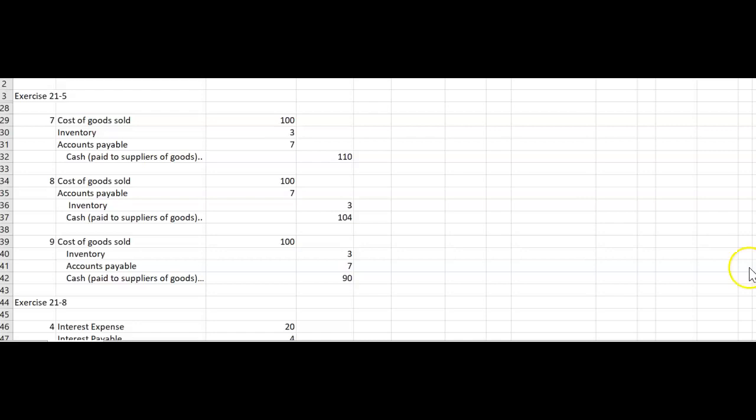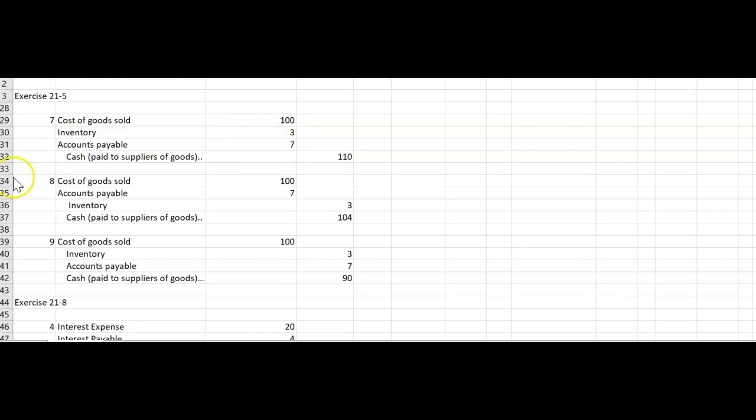Using the direct method, we know cost of goods sold is a debit of 100. The debit is the increase side. Inventory increased 3, so we would debit inventory, the increase side, and accounts payable decreased 7, so we would use the debit to accounts payable, which is its decrease.